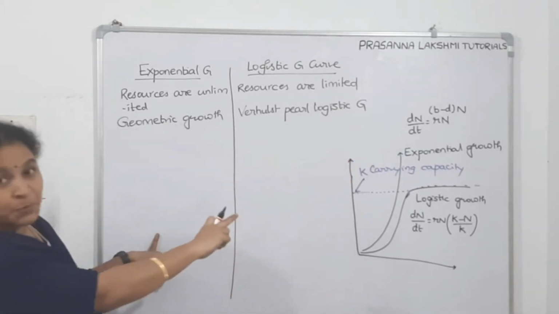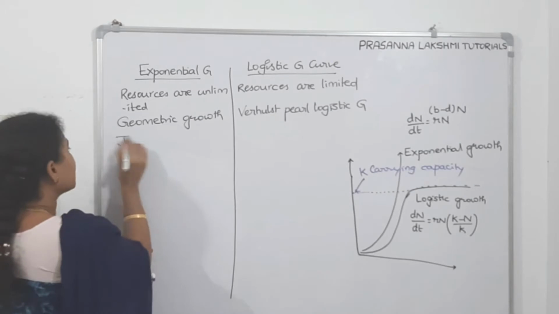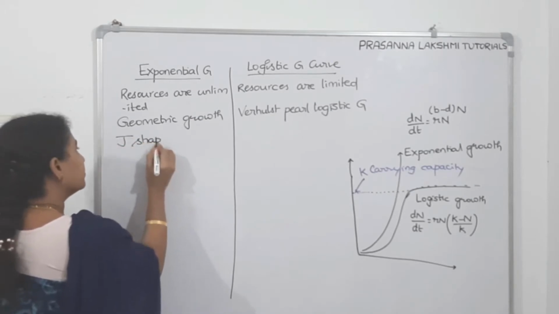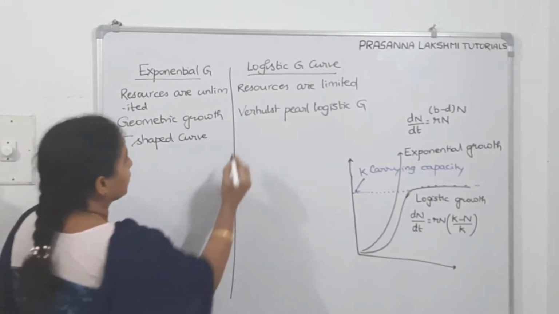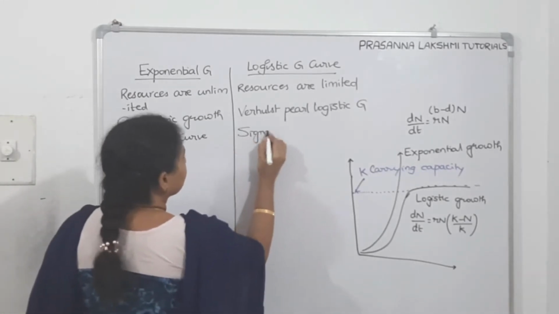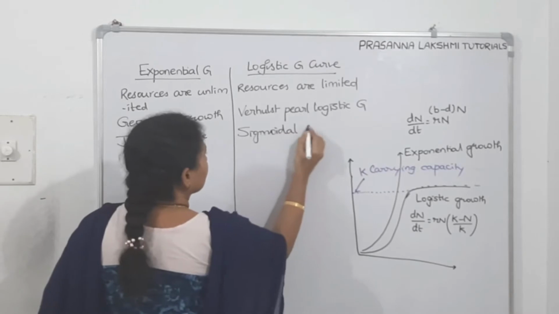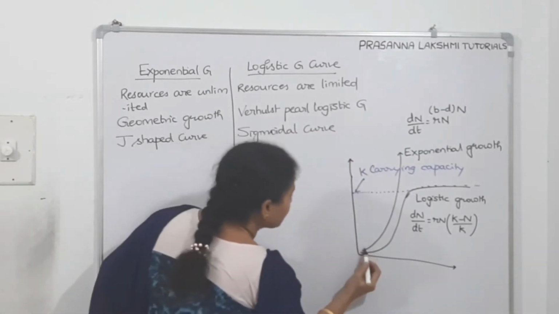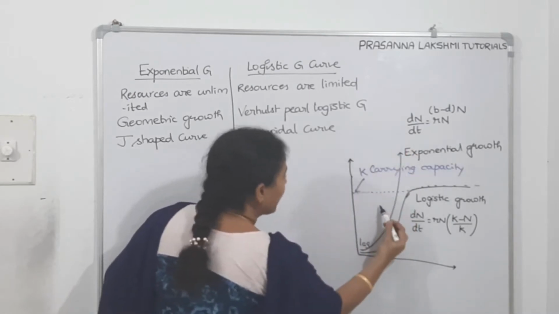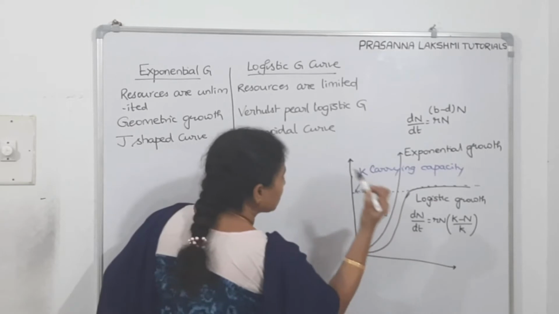Just now we have seen that for the exponential growth curve, the J shape is coming. It's a J-shaped curve. And for logistic, it is a sigmoidal curve. In exponential, this initial phase is called lag phase. And this peak phase is called log phase. Okay.